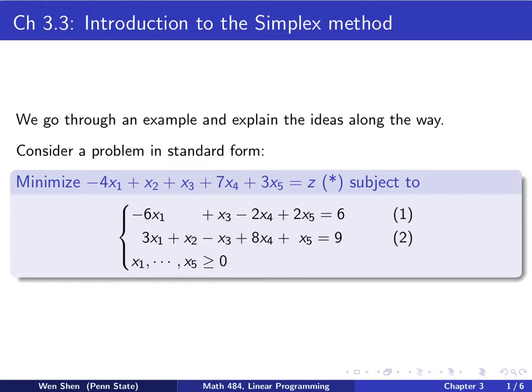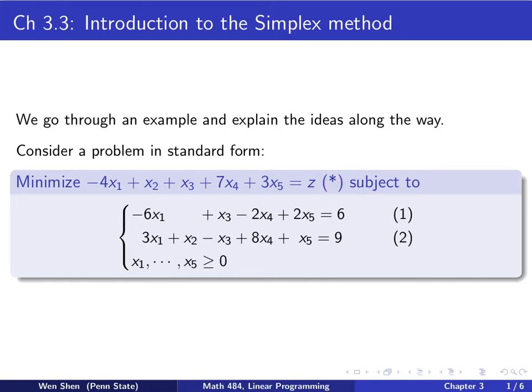Okay, let's get started. We will consider a problem in standard form. We have learned about that already, so we will be looking at a minimization problem of a linear function, that's the objective function, which is set to be z. So z is the amount we want to minimize, and we call this objective function equation star.